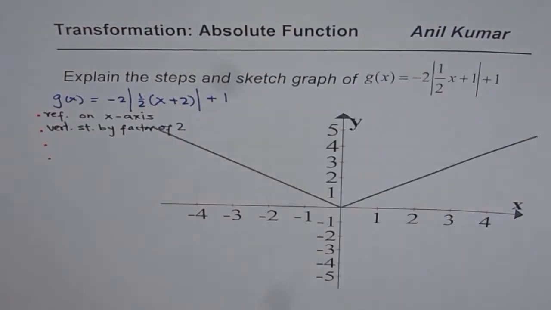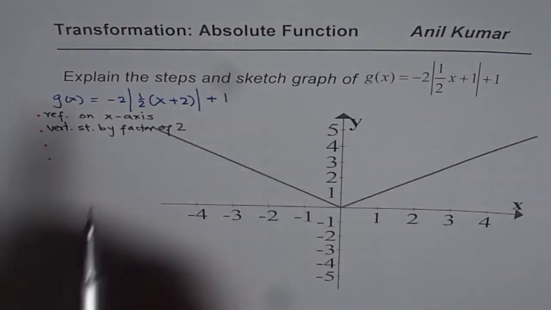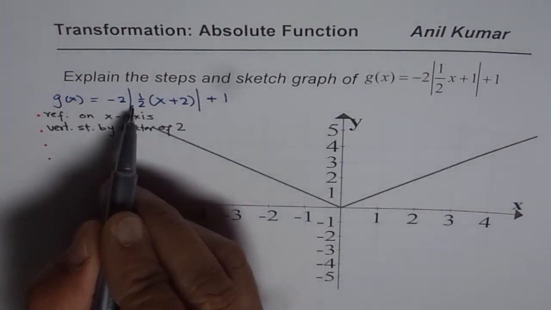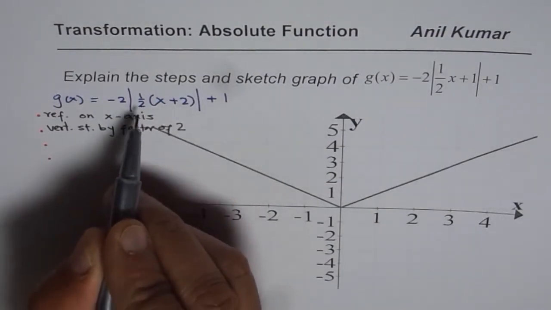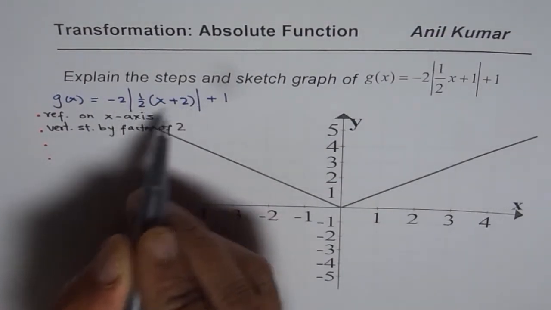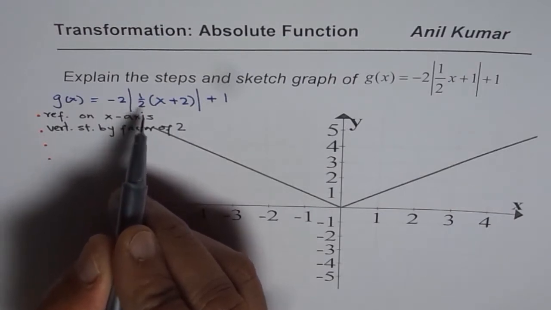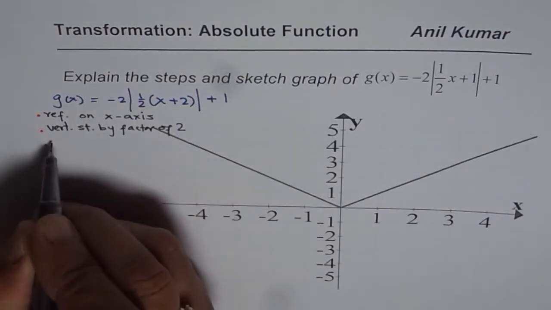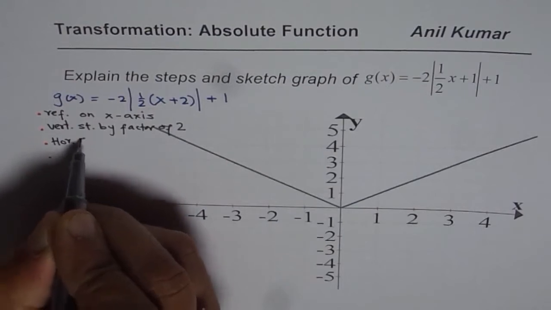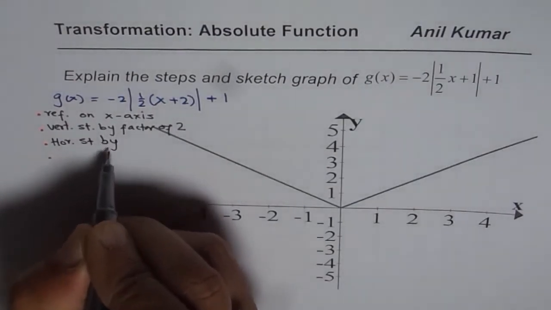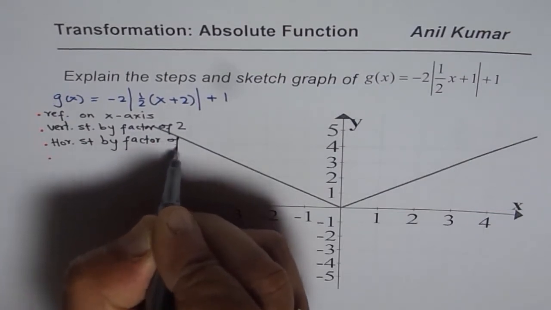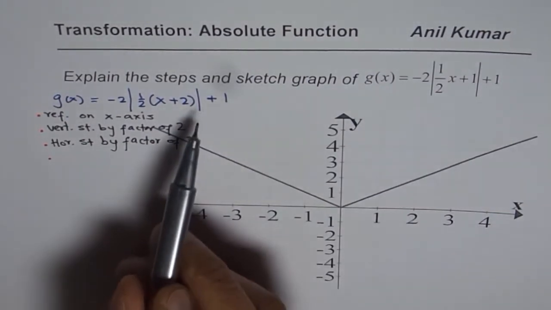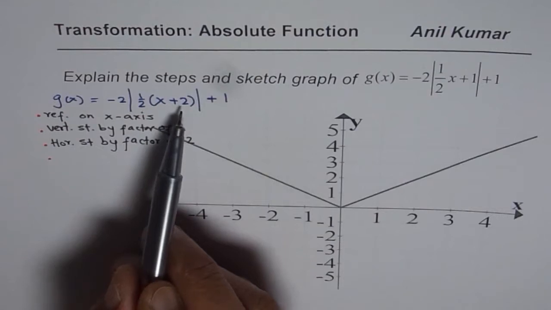The half means it is getting multiplied by half inside this absolute function. So that represents a horizontal change because it is inside, and it is half. It becomes stretched by a factor of 2. So it is horizontal stretch by factor of 2. And then we can write down the translations.